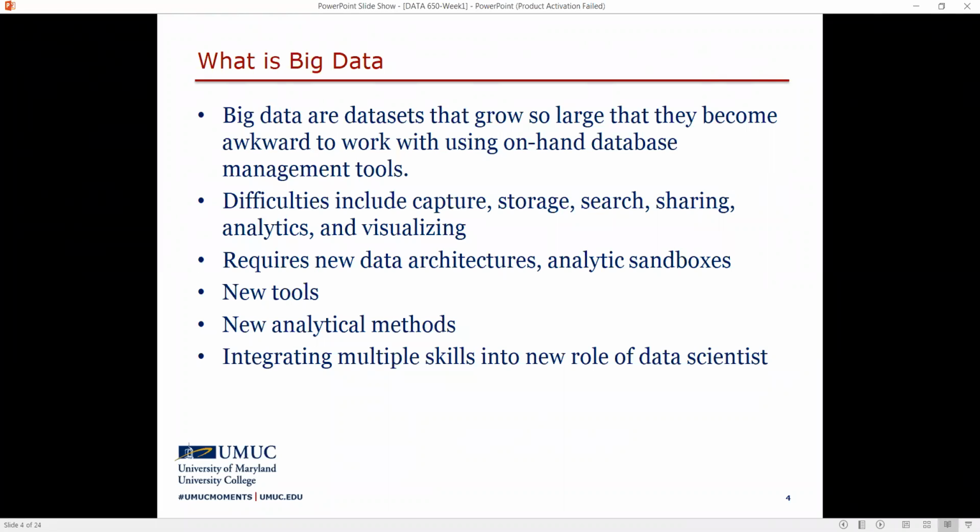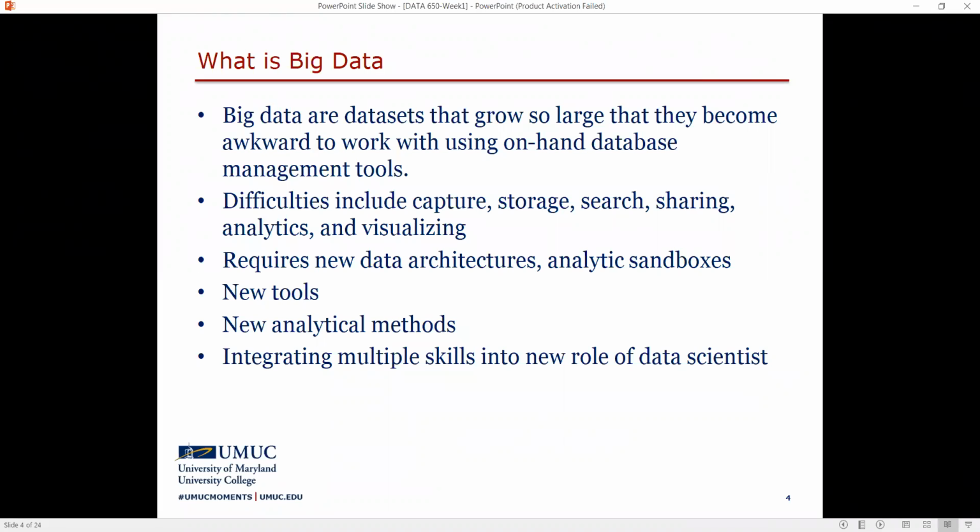When we refer to big data, we mostly refer to the technology of big data to manage data which is already not manageable with the existing technology, the existing data architecture, the existing search mechanism, the existing sharing mechanism, and the existing visualization techniques. So keep this in mind, it is very important.